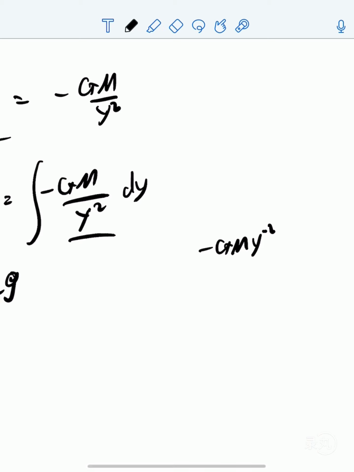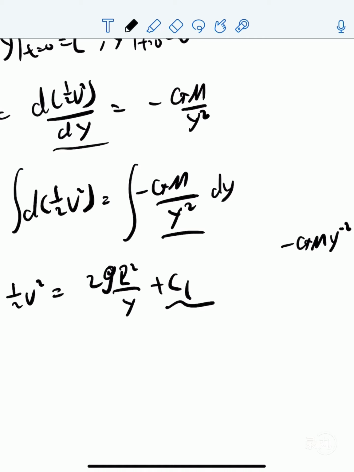Two g R squared over y plus c1, and this is a constant. So this is basically from L to some y. We can treat it as constant over here.